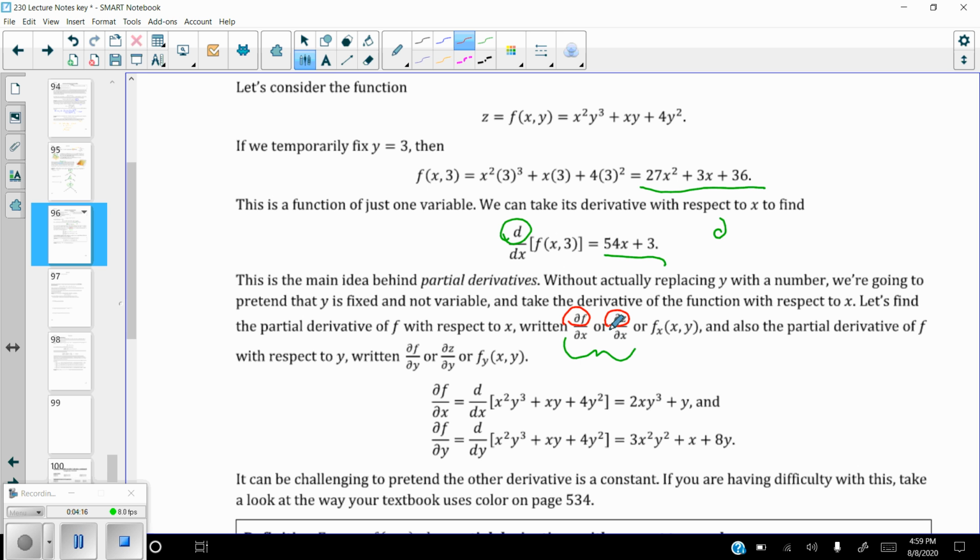Another notation is this little sub x on the f, which means you're going to take the partial derivative with respect to x. In other words, x is the variable, y would be constant. Or in this case, right here, that one would be the partial derivative with respect to y. So y would be the variable and x would be held constant.